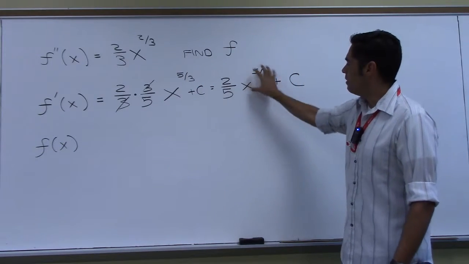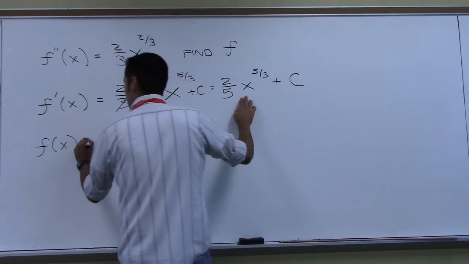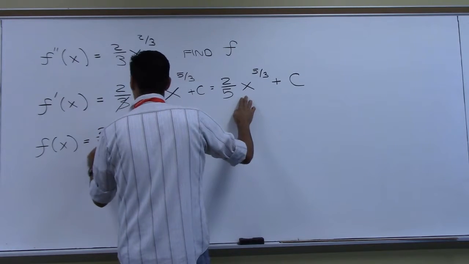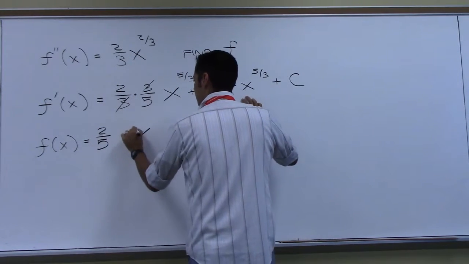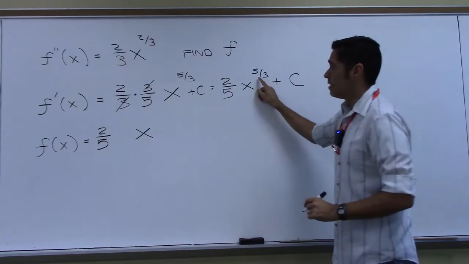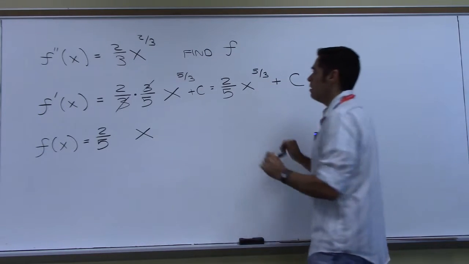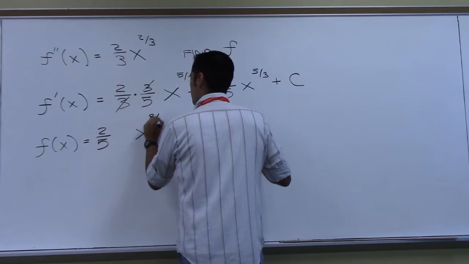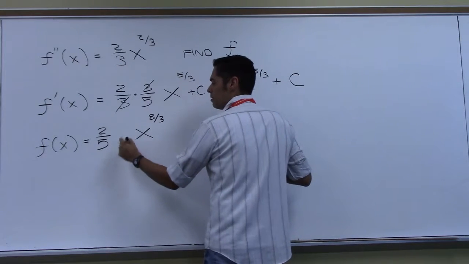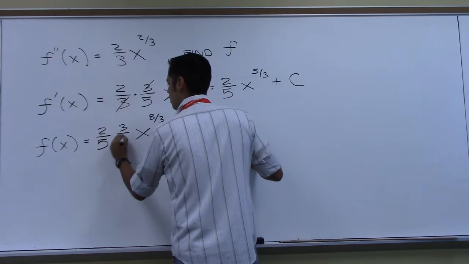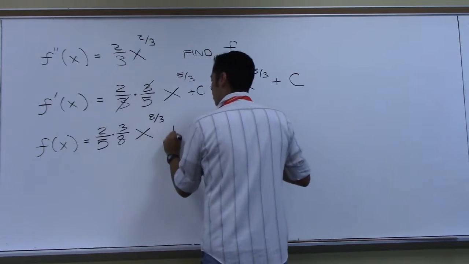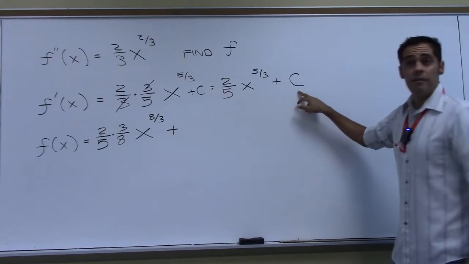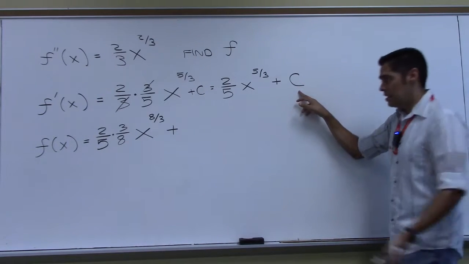So the antiderivative of this one here, I'm bringing the 2/5 down again. Here's x. I'm going to add 1 to this again. 5/3 plus 1 is 8/3. And then 1 over 8/3 is the same as 3/8. That's multiplication. Plus, now the antiderivative of c is cx.